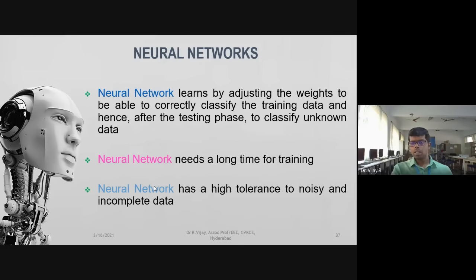So this is all the same: adjusting the weights, classifying the training data, testing, and then unknown data. Also, a neural network needs lifelong training. It will not simply stop its training; it will keep on training. Why? Because practical problems will come. For example, demand might be low or high, changing like anything.